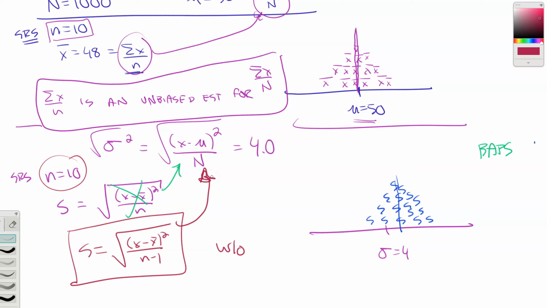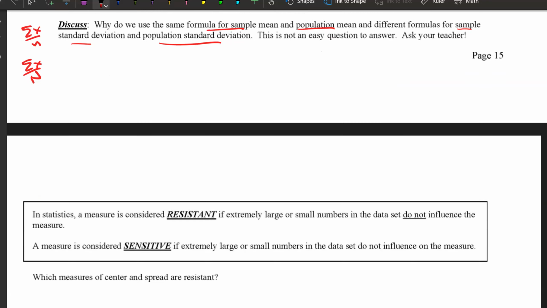Now what that'll do is shift this so that they're centered at the right spot. So why do we divide by n minus 1 when we do samples? Because that gives us a better estimate for the population standard deviation, which is what we want. All right. There we go. Done deal.